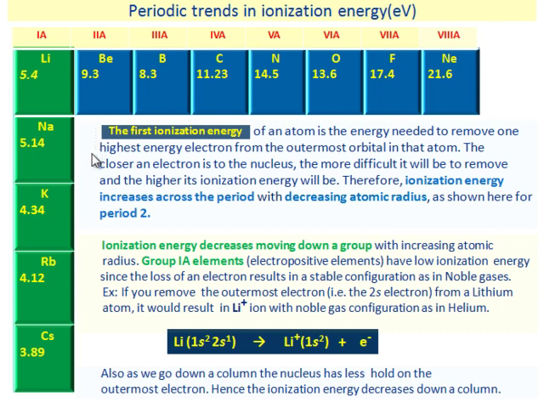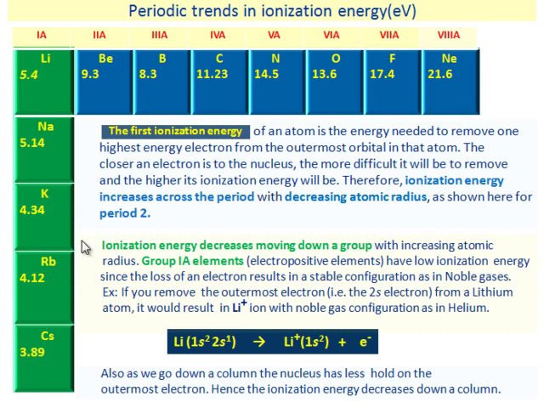The closer an electron is to the nucleus, the more difficult it will be to remove and the higher its ionization energy will be. Therefore, ionization energy increases across the period with decreasing atomic radius, as shown here for period 2.